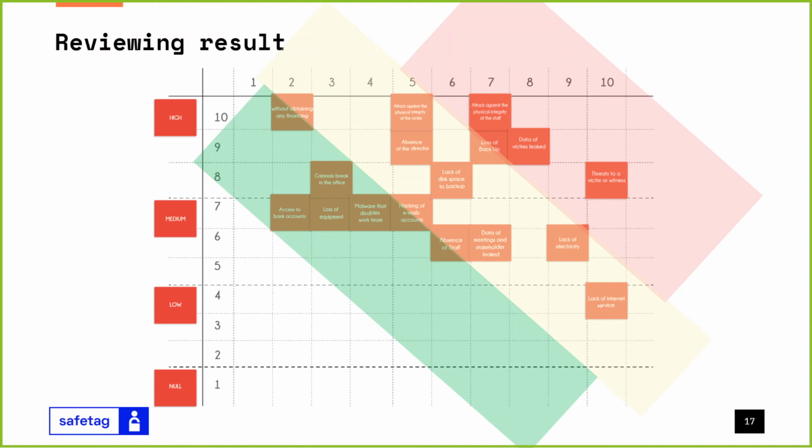For instance, in more than one organization where I conducted this exercise, I see that what is in the red band is losing social media accounts and their website, etc. Basically, these are organizations that are more worried about their image than the mandate that they are trying to defend.